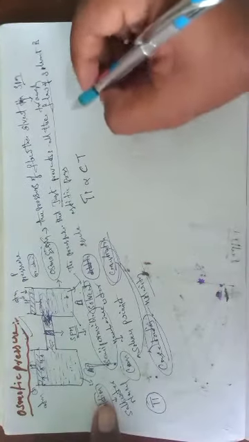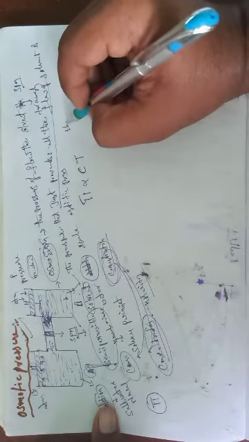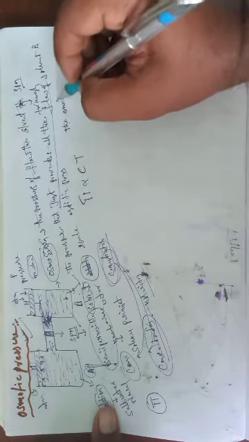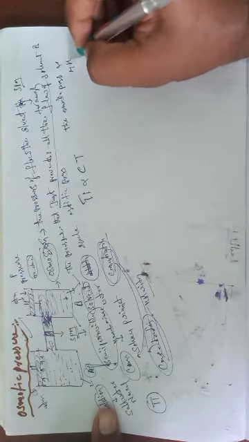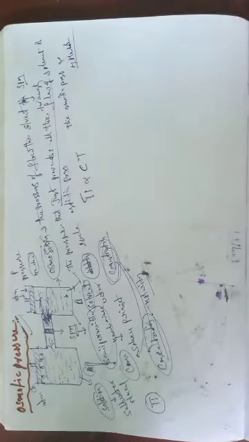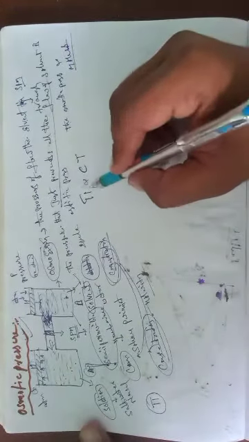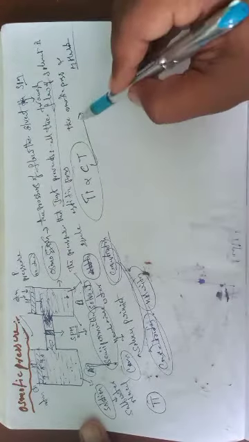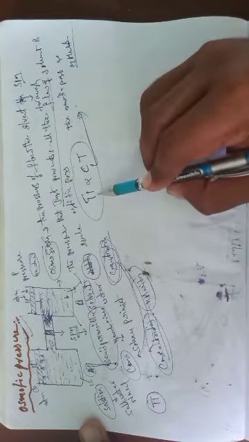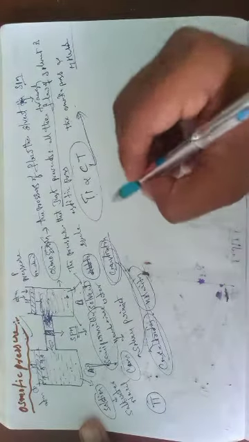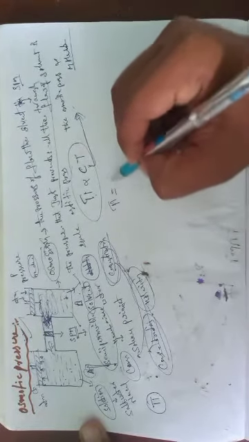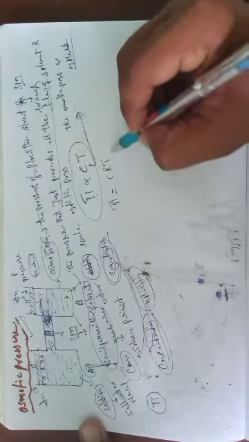It means the osmotic pressure is directly proportional to molarity, that is concentration. Okay, pi equals CRT.